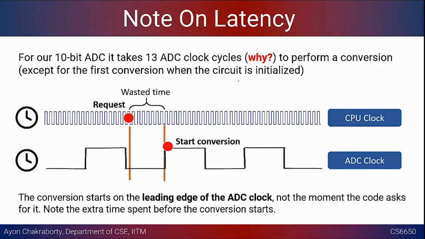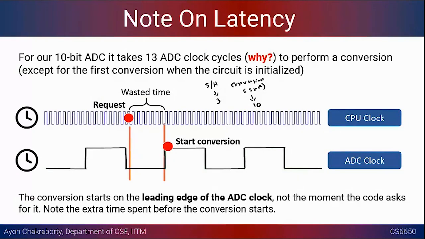So 10 clock cycles will be spent on the SAR, successive approximation register, and the first 3 clock cycles are spent on the sample and hold. So the sample and hold takes about 3 cycles, and then the actual conversion in the SAR takes 10 cycles. That's how 10 plus 3 is 13.